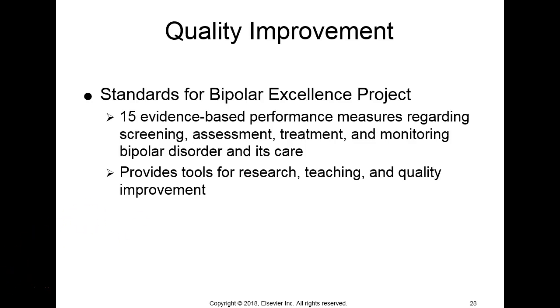On page 238 in your Varcarolis, they talk about quality improvement, and there's the Standards for Bipolar Excellence project. You don't have to memorize it all, but there is a nice paragraph on this quality improvement project.